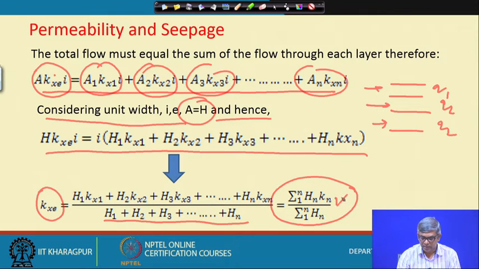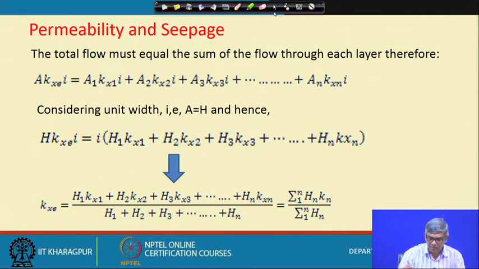If I write it in a generalized way, it is the equivalent permeability of n layers having different permeabilities like K1, K2, K3, K4, and so on. Finally, equivalent permeability can be expressed this way when the flow is taking place parallel to the bedding plane.